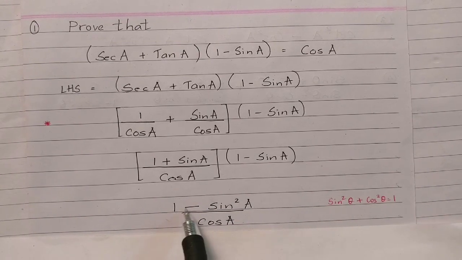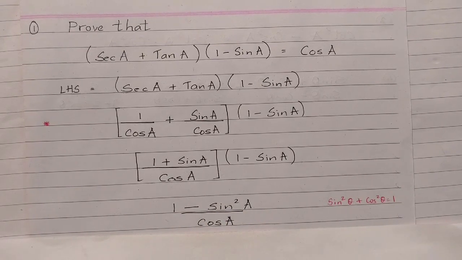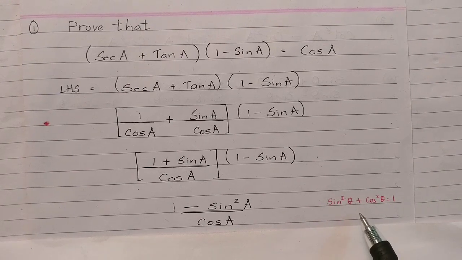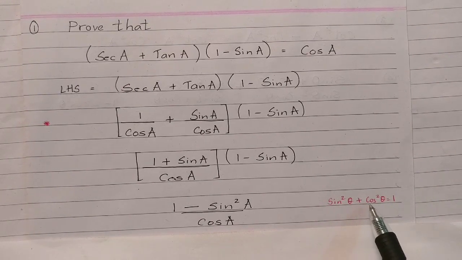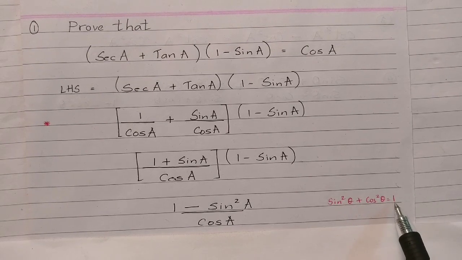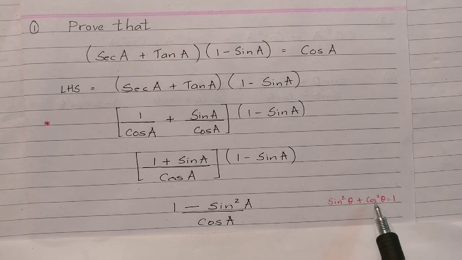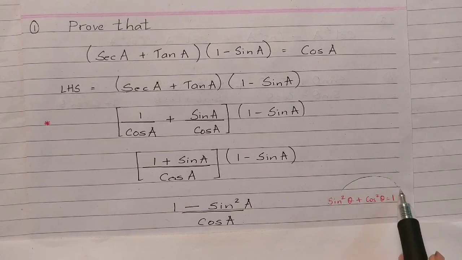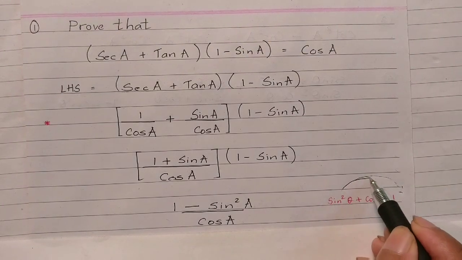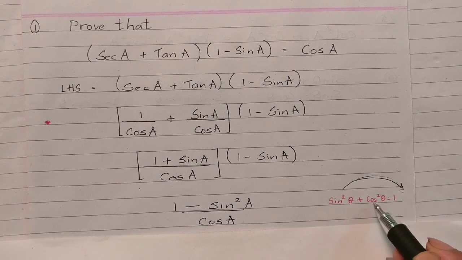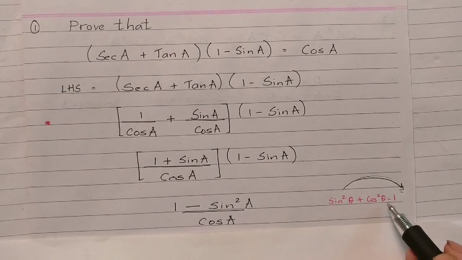Now 1 minus sine square A. If you look at the video again, tip number 3 was using the Pythagorean identities. The first Pythagorean identity that you have studied or even proved is sine square theta plus cos square theta is equal to 1. Now here, in 1 minus sine square A, if I take the sine square to the other side, I get 1 minus sine square, which is equal to cos square A or cos square theta.